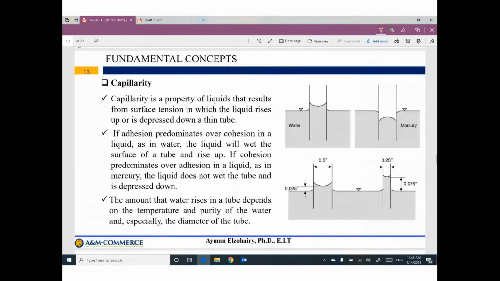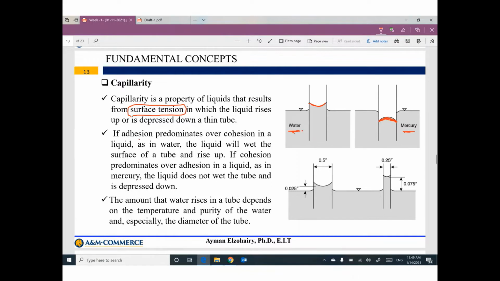So we have a phenomenon called capillarity. Capillarity is a property of a liquid that results from surface tension, in which the liquid rises up or is depressed down in a thin tube like this one, rising up or dropping down based on the type of the liquid.